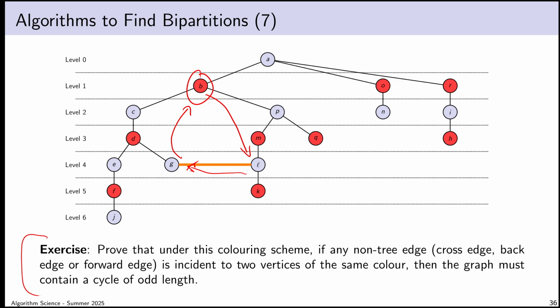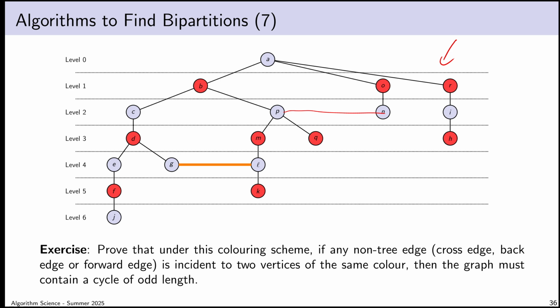Because, of course, if we were to consider a non-tree edge like G to M or something, well, there's a cycle there as well. In fact, in general, if there's any non-tree edge, you can expect that the graph contains a cycle, because we know that our traversal tree is a tree. So if the graph contains any edge not in the tree, then if I add that edge to the tree, I'm guaranteed to create a cycle.